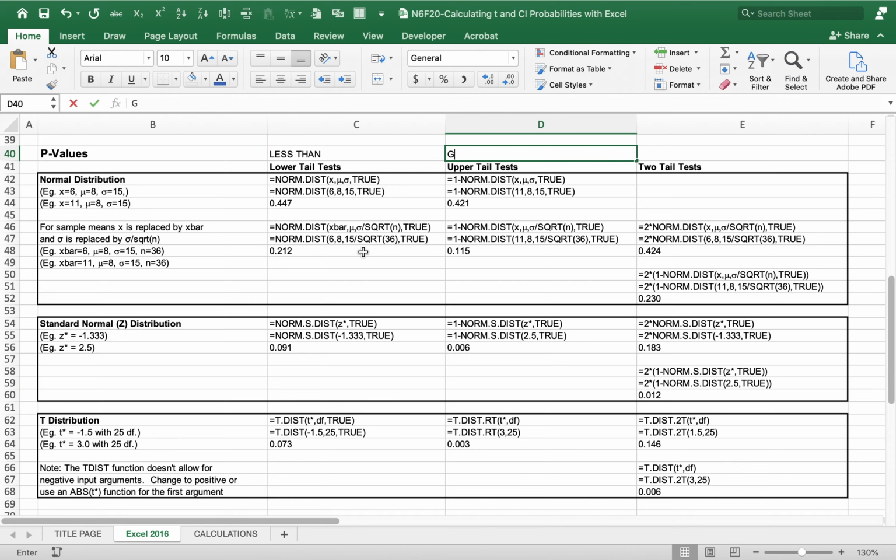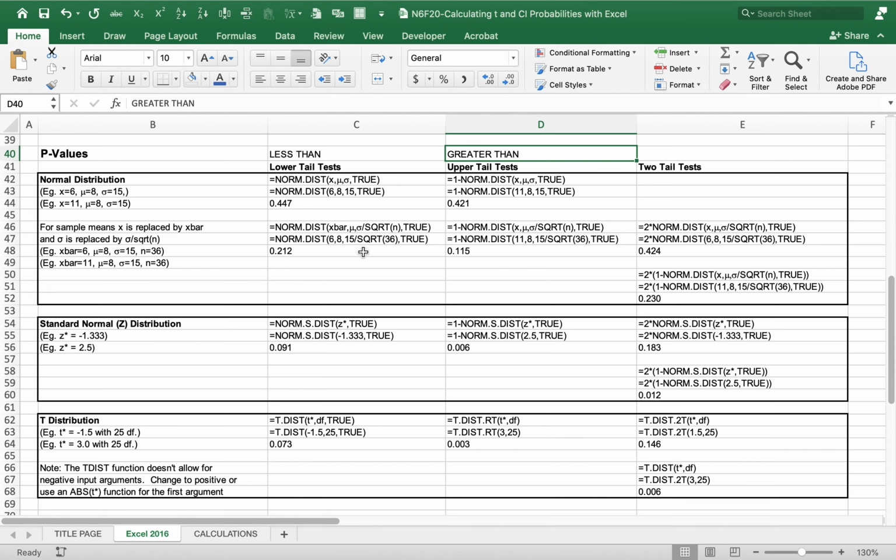Upper tail tests is when we're looking at the probability that x or z or t is greater than or equal to some amount. So when we say lower tail tests and upper tail tests, that can be a little confusing at first because it really means from some point down or from some point up.